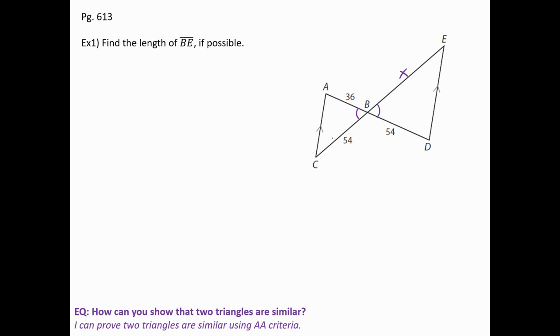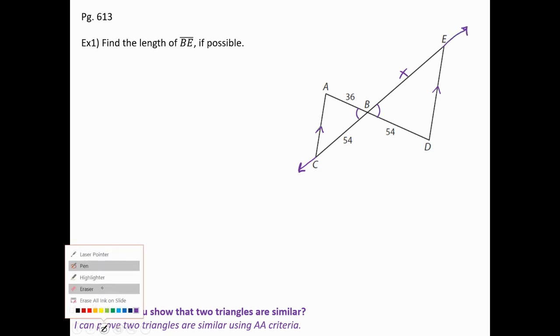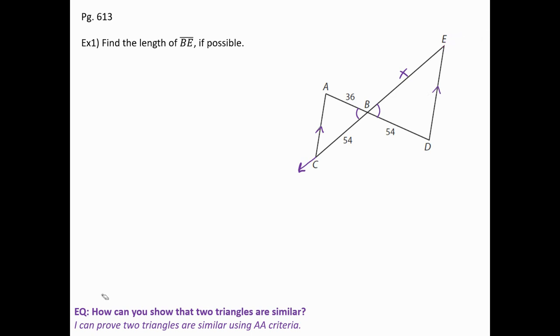But then you'll notice we have these little arrows here that stand for parallel lines. So those two lines are parallel. And if I pretend for a minute that this line goes all the way through, that would be a transversal. That's a horrible looking transversal. But that would be our transversal that cuts through the parallel lines.